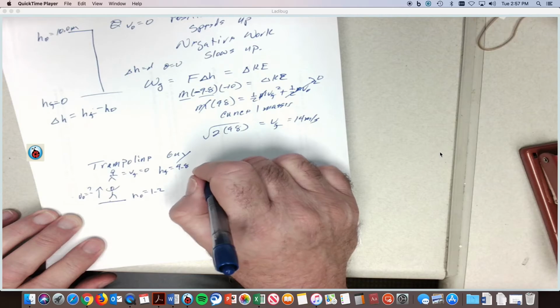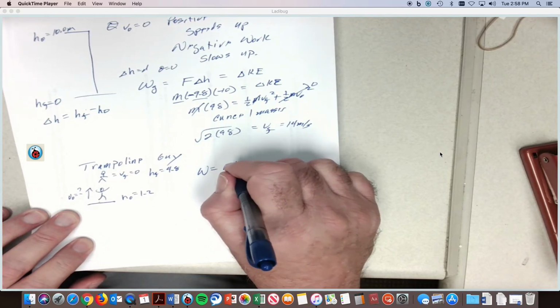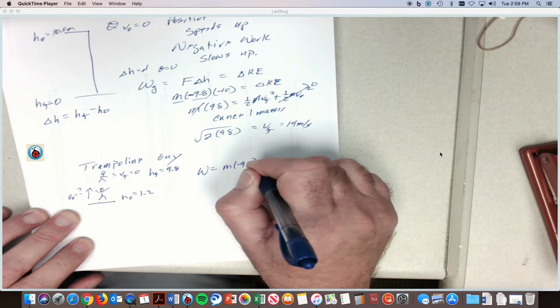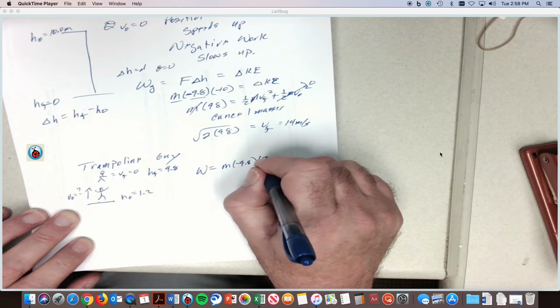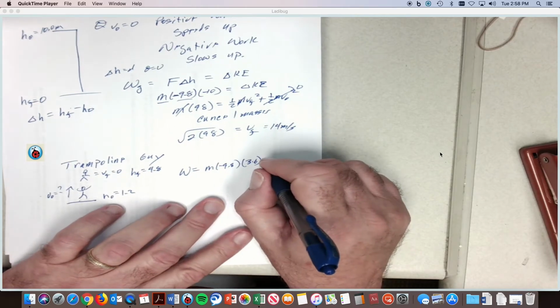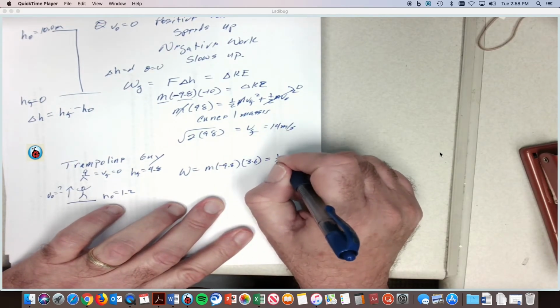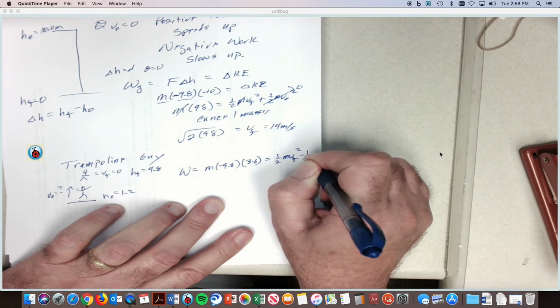The work is equal to the mass times negative 9.8 times 4.8 minus 1.2, which is positive 3.6. That's negative work, and that's equal to 1/2 m v final squared minus 1/2 m v naught squared.